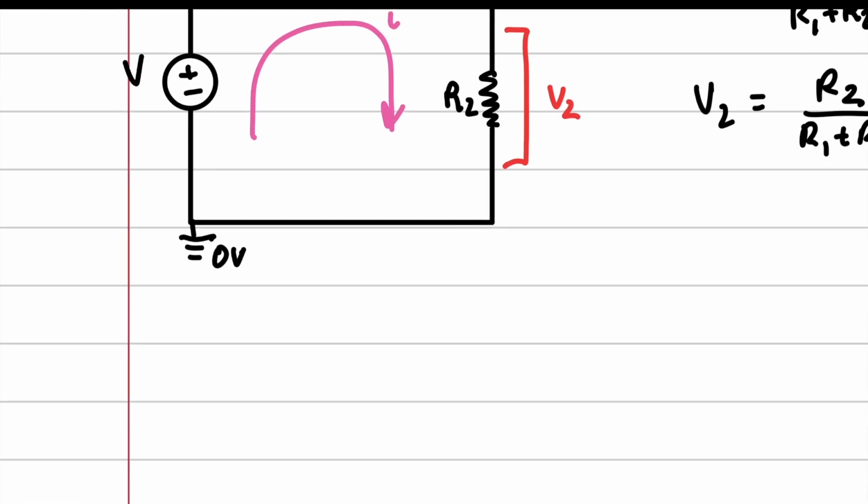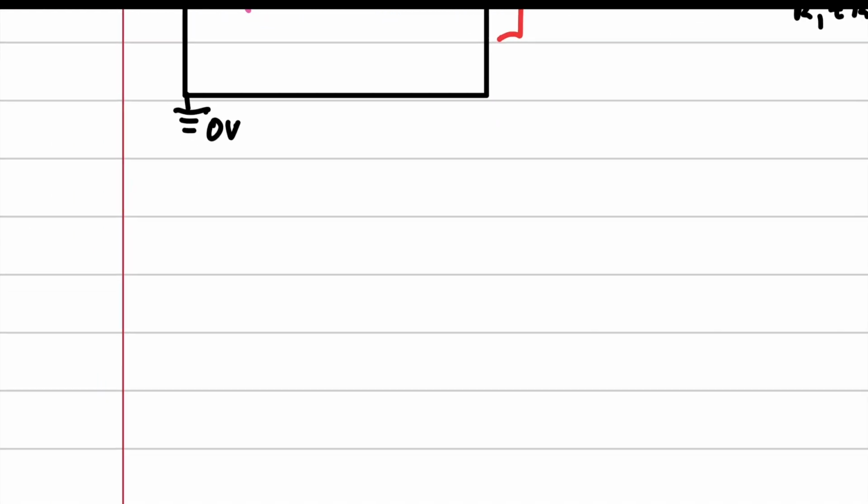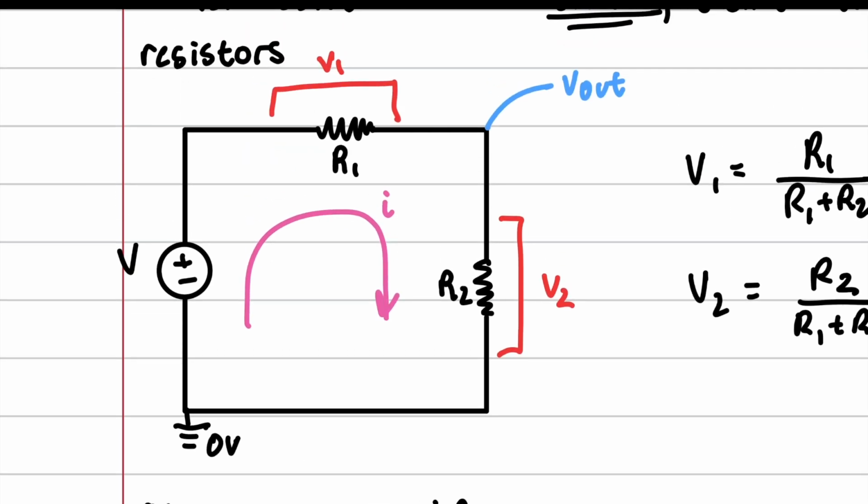So first of all, it comes from Ohm's law, no surprise there. We know that Ohm's law is V equals I R, and for emphasis, R equivalent. So it's the equivalent between these two resistors right here.